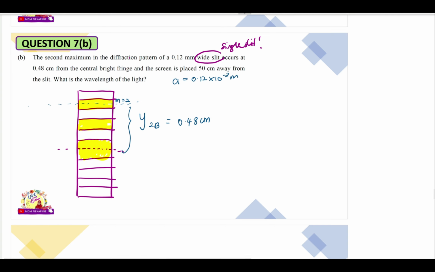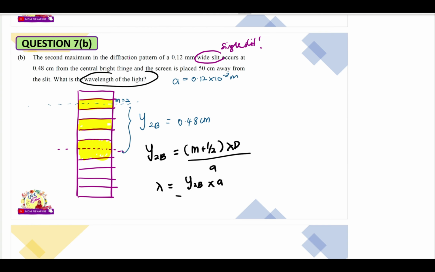Okay, so kita nak cari what is the wavelength of the light, so we can straightly use equation untuk bright fringe untuk single slit. Okay, m plus half lambda D over a. Okay, so kita nak cari lambda, y2 bright times a bahagi dengan m plus half D.